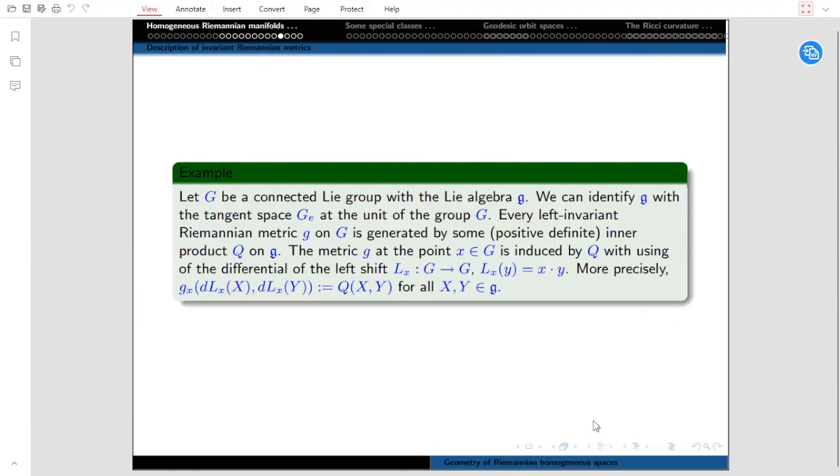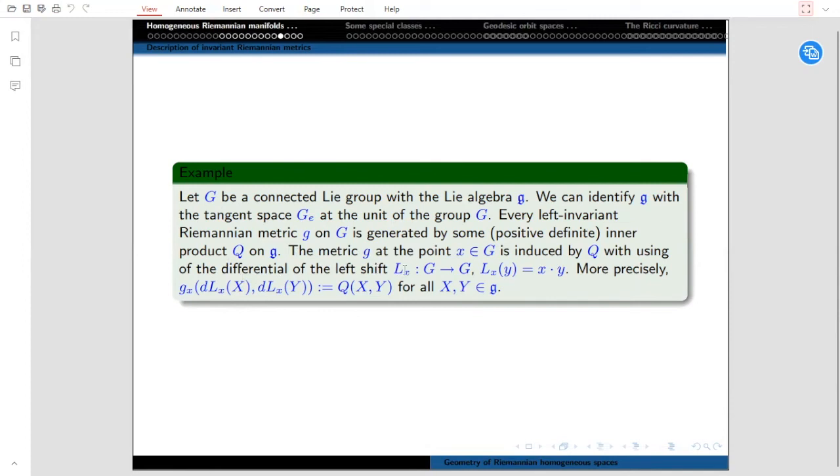Yes, and finally, for today's lecture, several examples. Let G be a connected Lie group with Lie algebra g, small. We can identify this algebra with the tangent space at e, where e is the unit of the group G. A left invariant Riemannian metric is generated by some positive definite inner product Q. The metric at the point x is induced by Q, this inner product, using the differential of the left shift.